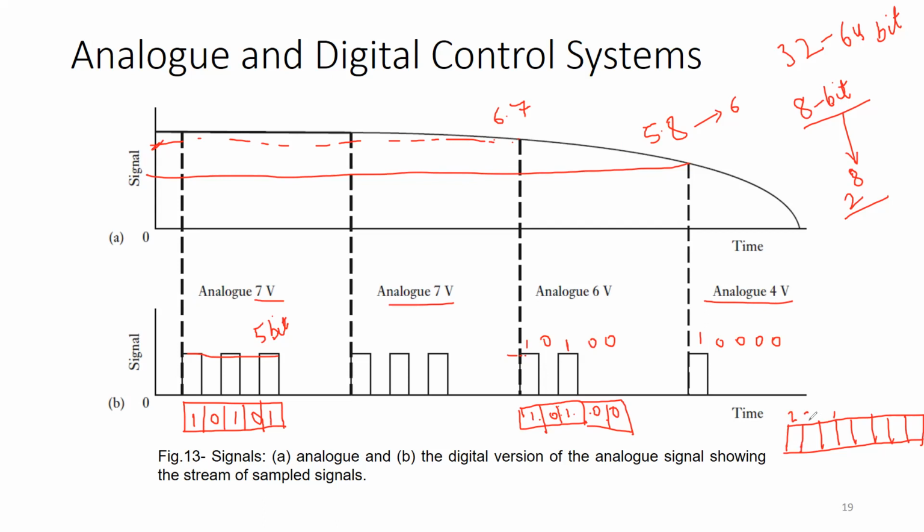So in this one 2 values, in this one 2 values, and so on. So the combinations that can be made from this will be 2 raised to power 8. This is how the digital system stores the value. So an 8-bit system can store 2 raised to power 8, whatever the value comes out to be, I think it is 256. This much amount of combinational values it could store.